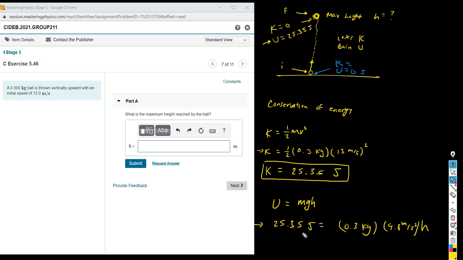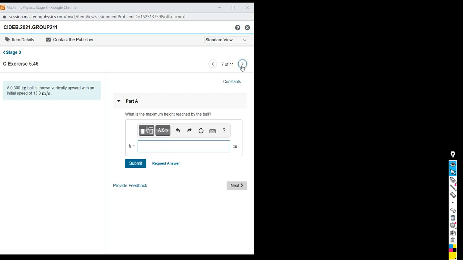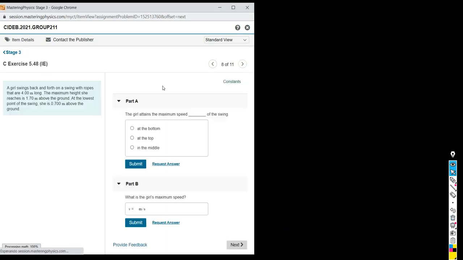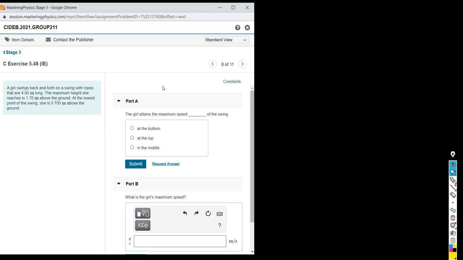That's it, guys. Number equals number times variable. Isolate the variable h, and that's the one you should be putting right here in order to get a correct answer. So that's problem number 7 for you. Okay, now this one.